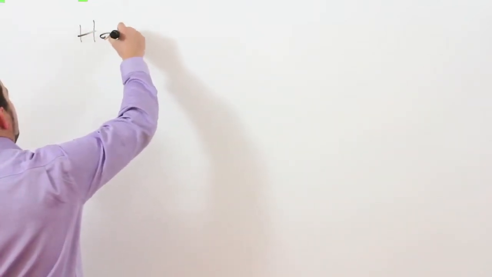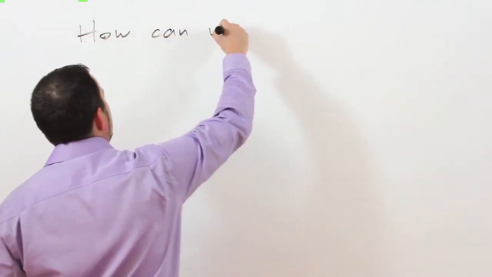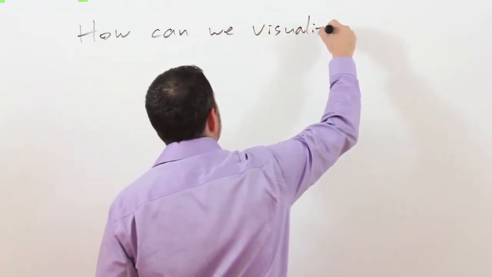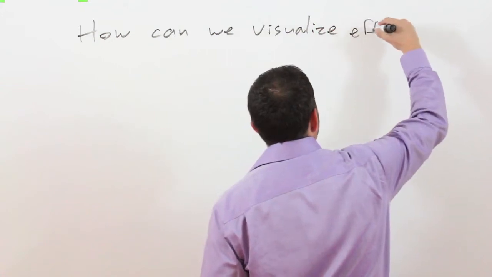And for this, we're going to use an example from the AE Help curriculum book. So first, let's go through the steps of visualization and what are the effective ways of visualizing, and then we'll look at the examples. So the question here is, how can we visualize effectively?